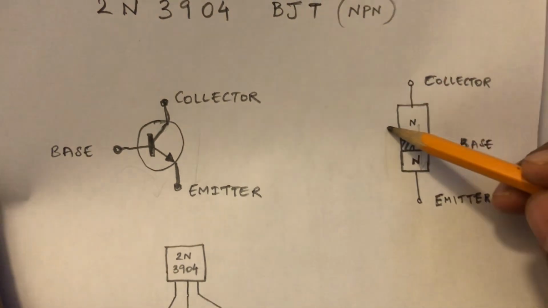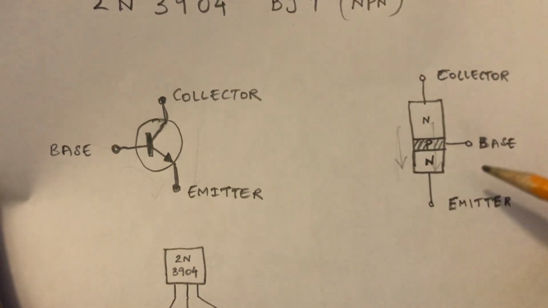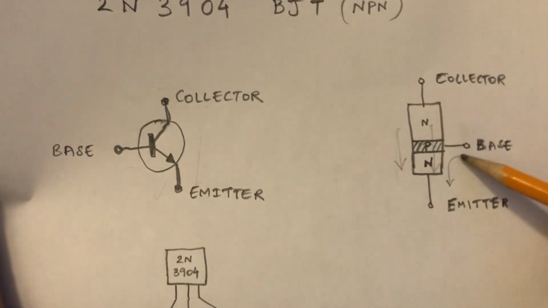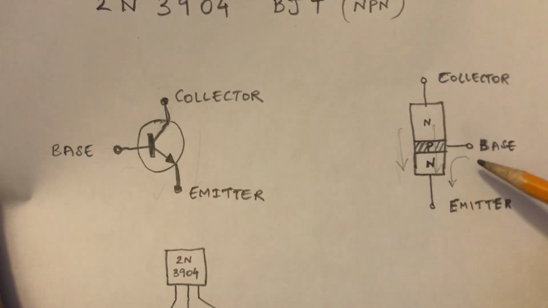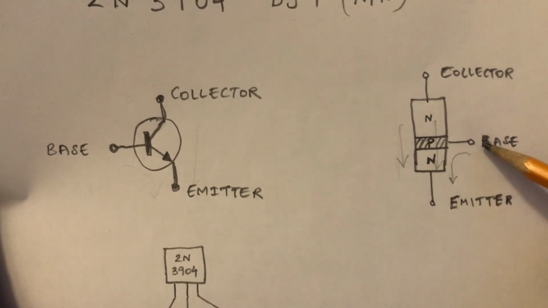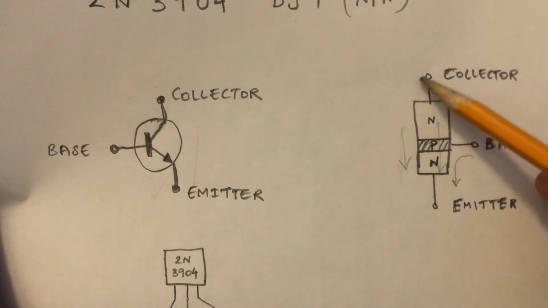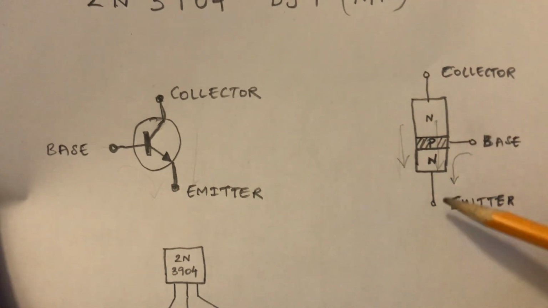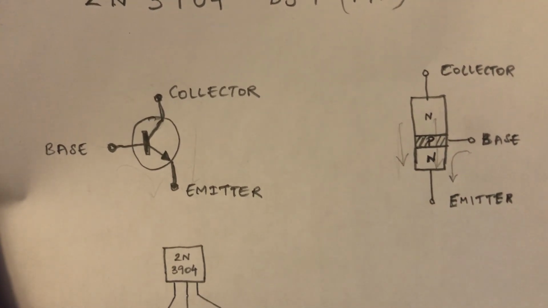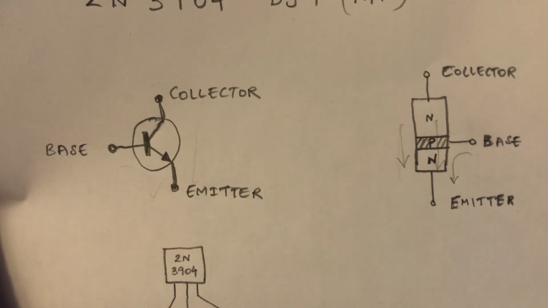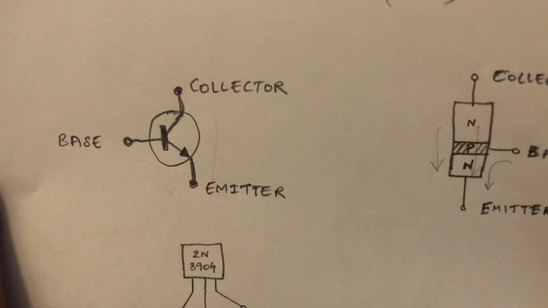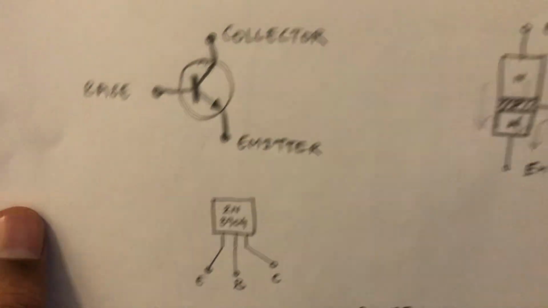So current would start passing in this direction when there is a small voltage applied, and when a small voltage flows through this region from base to emitter, we have a large current that can flow from collector to emitter. So using this principle, it works like a solid state switch, and this could be used to create logic gates.